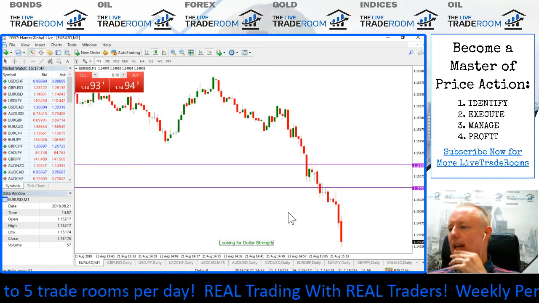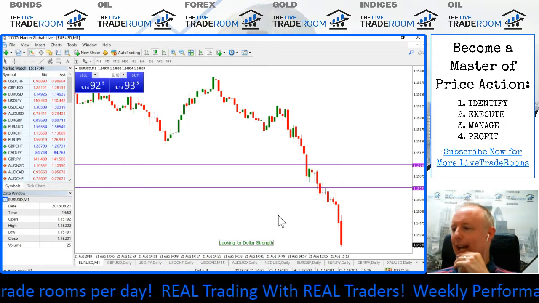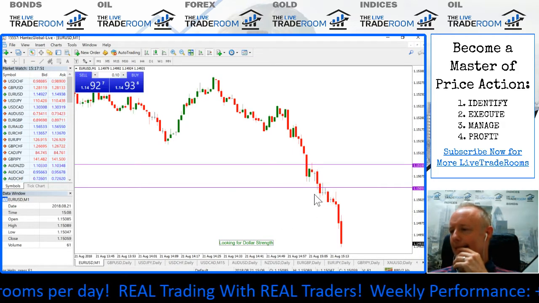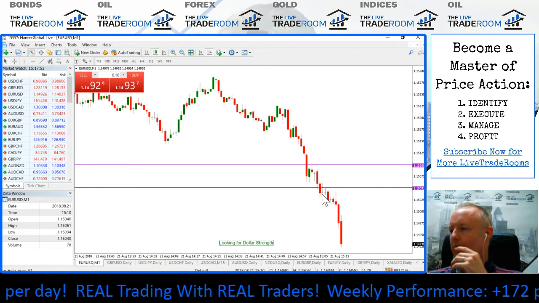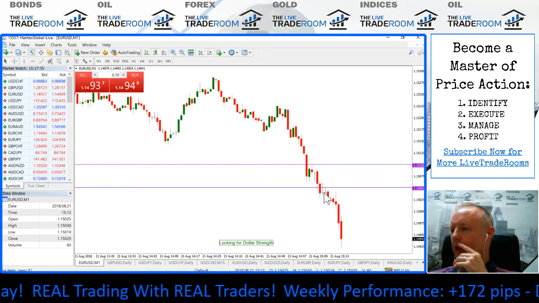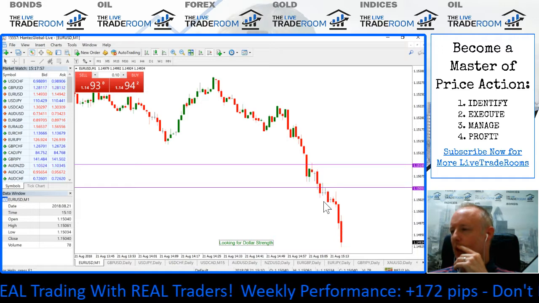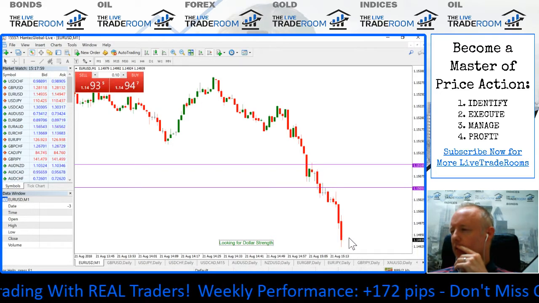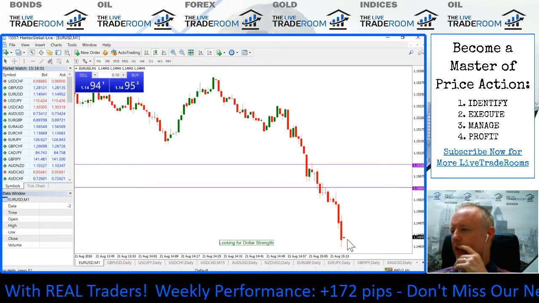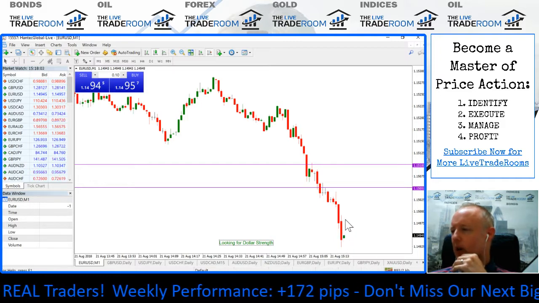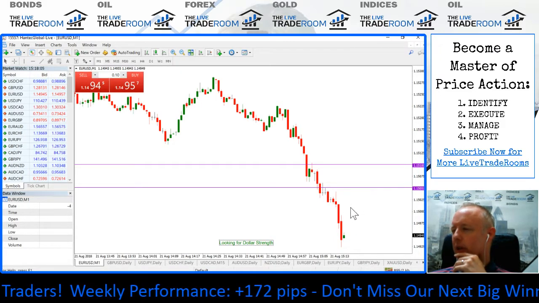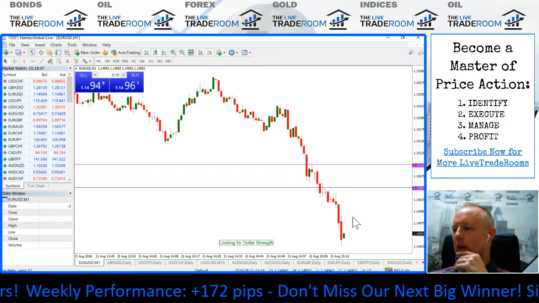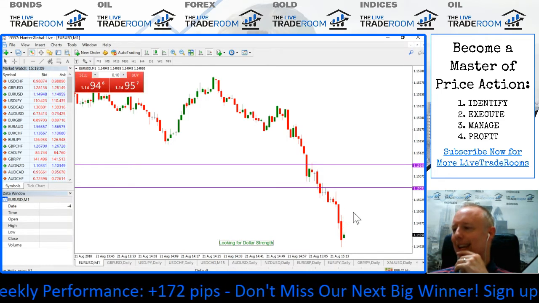So now it's just a case of waiting for that opportunity to get into the downside. We did get the confirmed break at this level, the 1505. And we've had a good, strong sort of move down to the 1492.